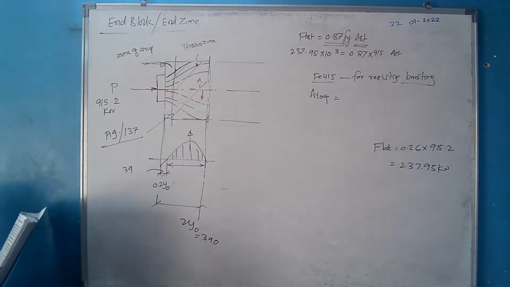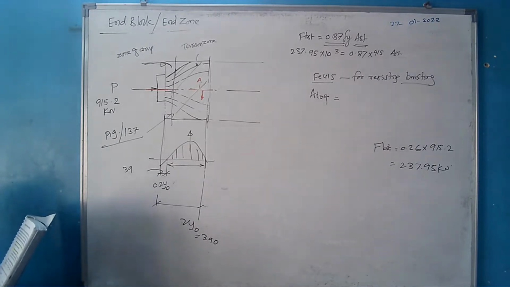F bursting is the bursting tensile force. This bursting tensile force F_bst will be distributed in a region extending from 2y0 to 2y0 from the loaded face of the end block as shown in figure 30.1.